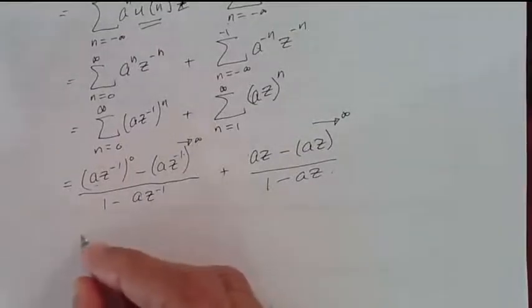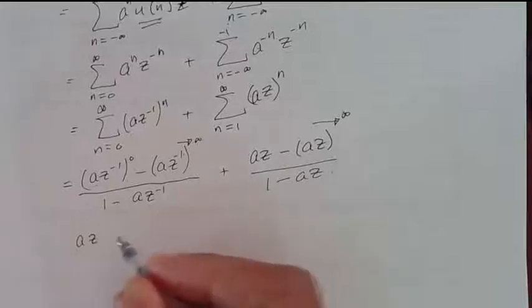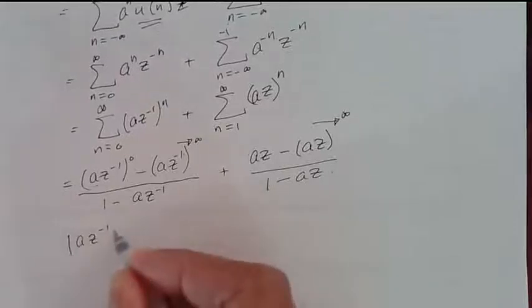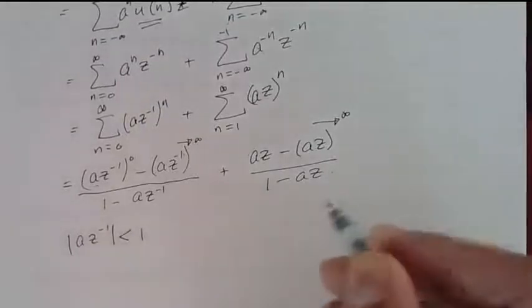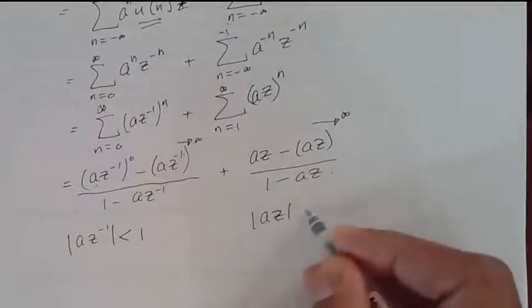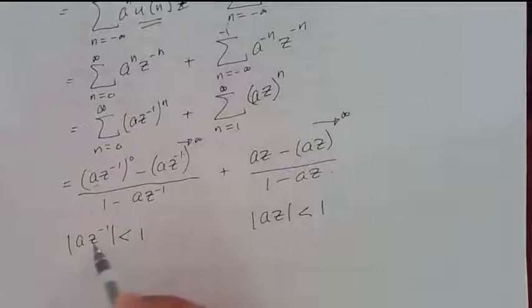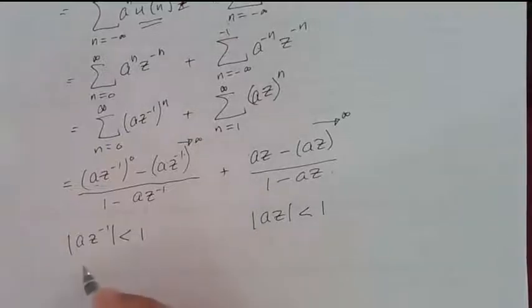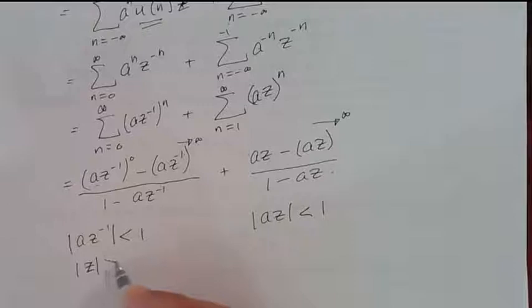For this one, I need a z to the minus 1 absolute value to be less than 1. And for this one, I need a z absolute value to be less than 1. A z to the minus 1 is the same as a over z. I can take z over to the other side, and this means that the magnitude of z has to be greater than the magnitude of a, right?